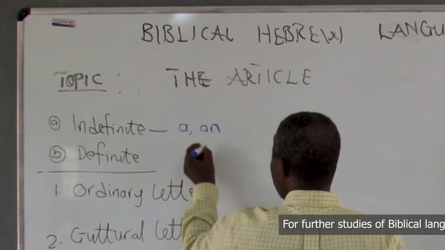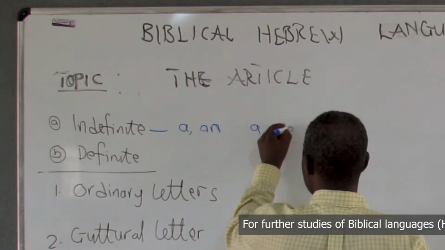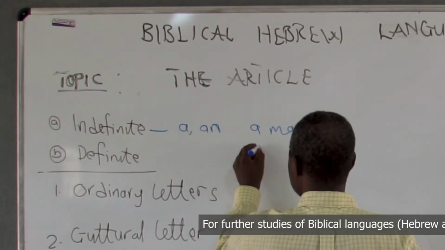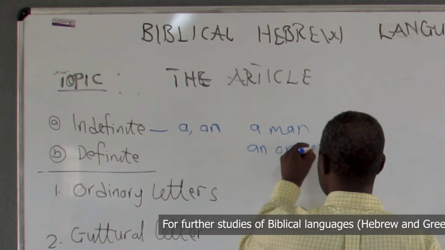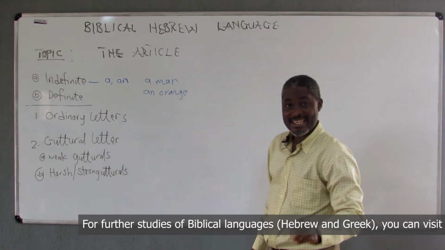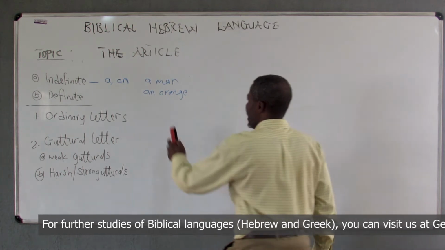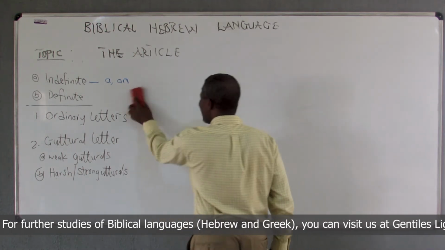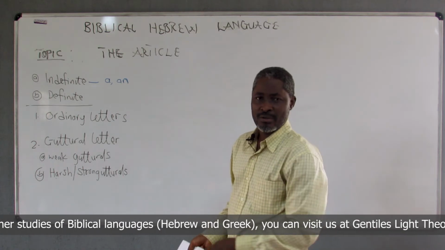Like you have a man, or an orange. Those are the indefinite articles. And in Hebrew, you don't have indefinite articles.